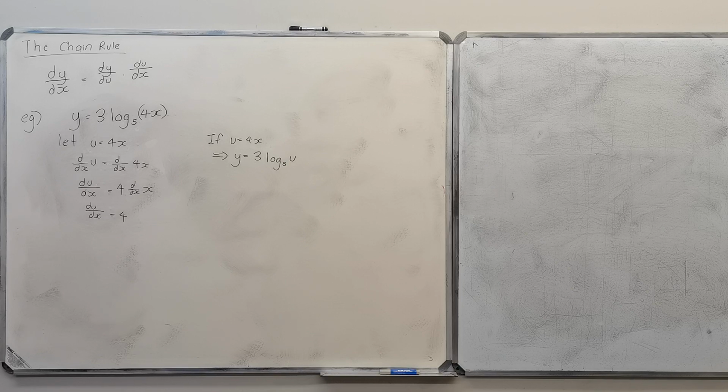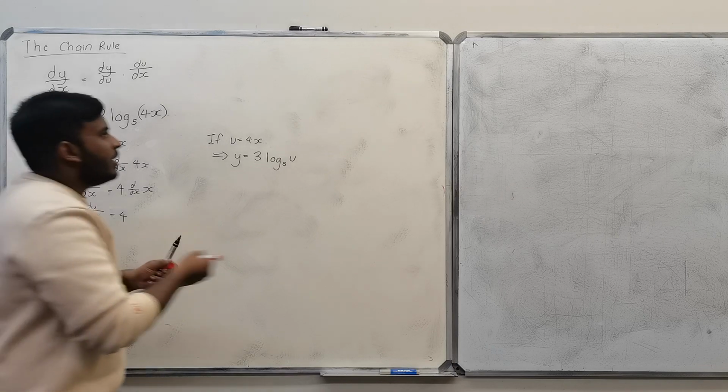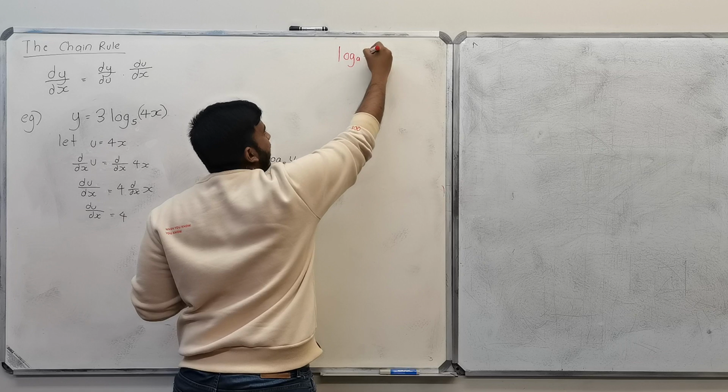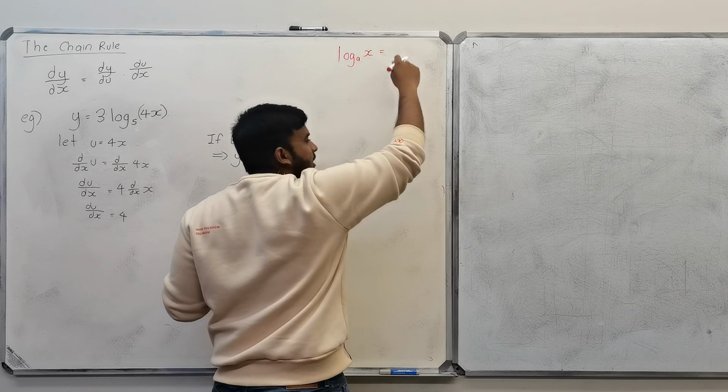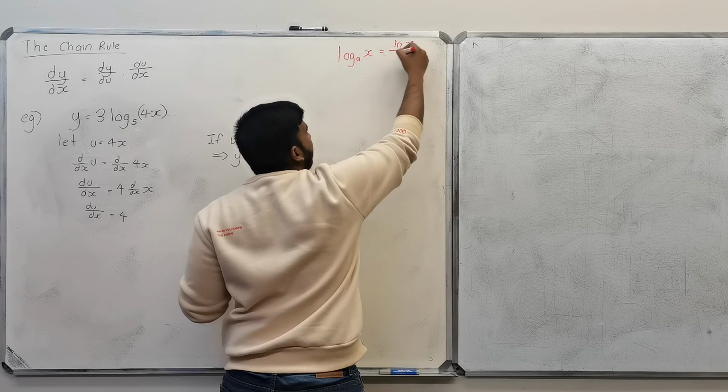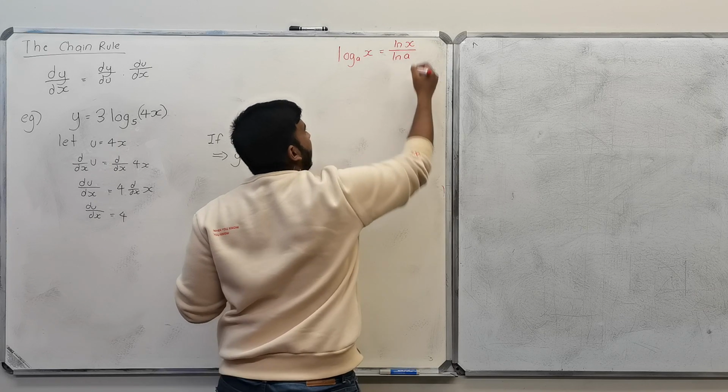How did I change it to ln? If you were given log base a of x, to convert it to ln, it becomes ln of x over ln of a.